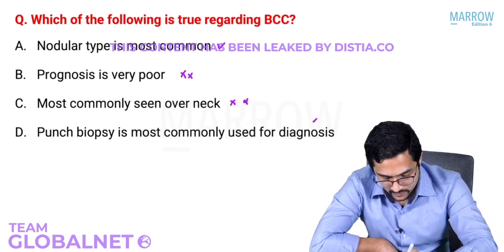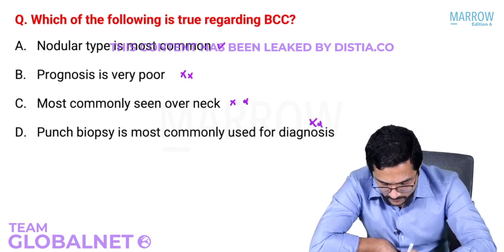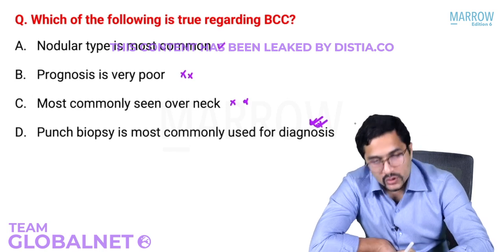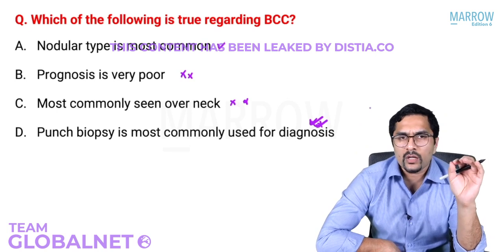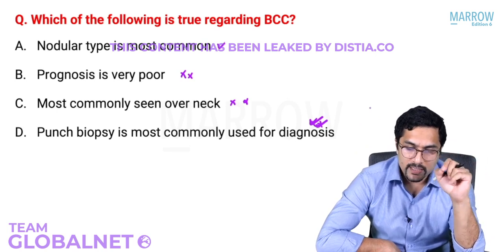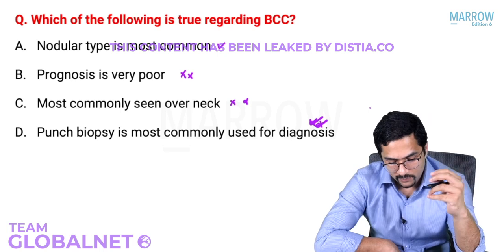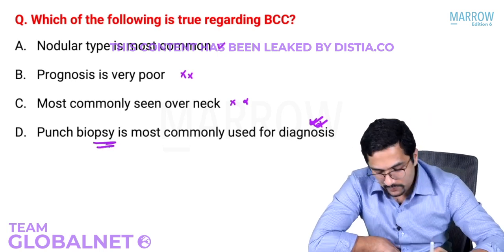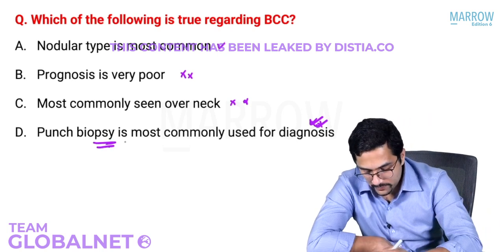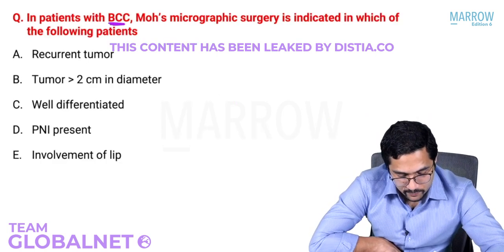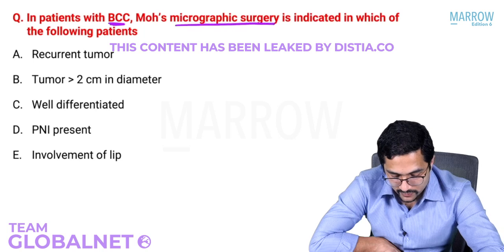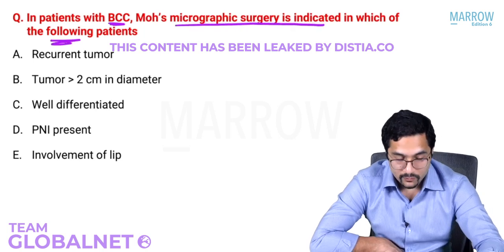Punch biopsy? We can do a punch biopsy, but most commonly we do excisional biopsy only, because these lesions are so small. If it's very big, an incisional biopsy or an excisional biopsy. So punch biopsy can be done, but it is not the most common. In patients with basal cell cancer, Mohs micrographic surgery is indicated in which one of the following?